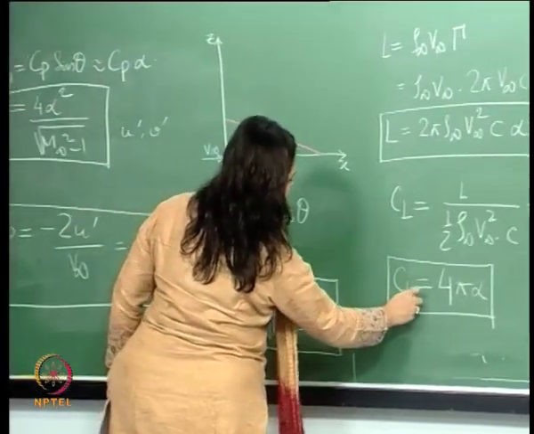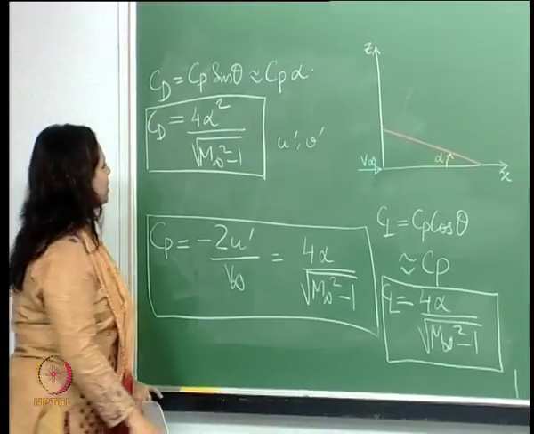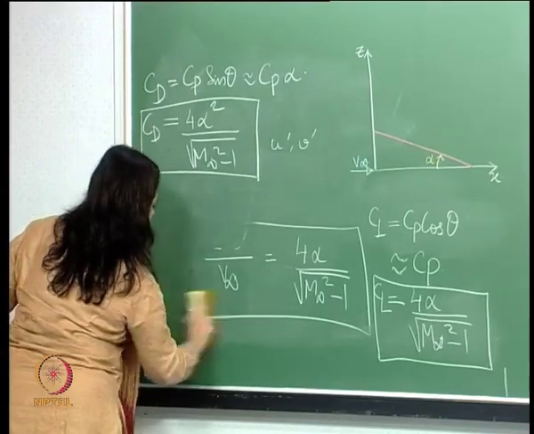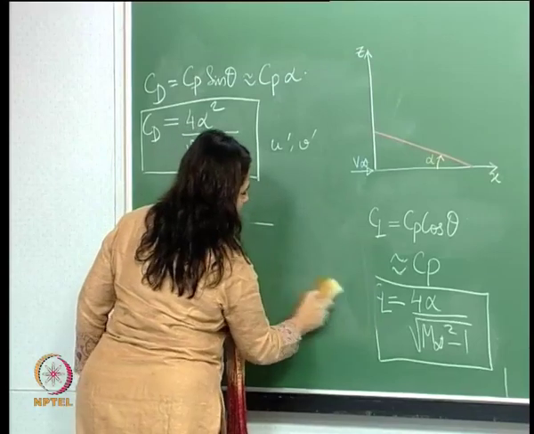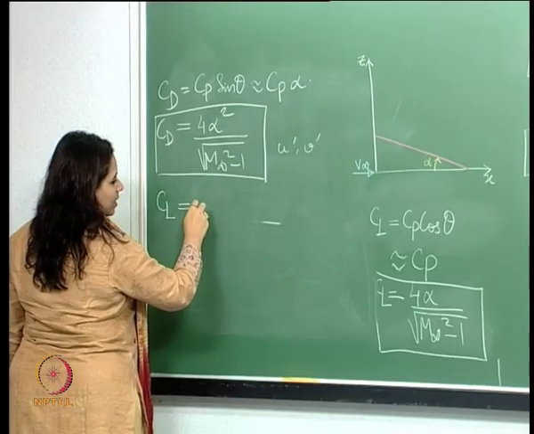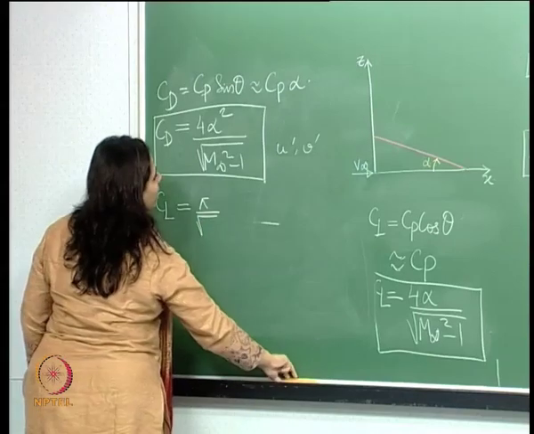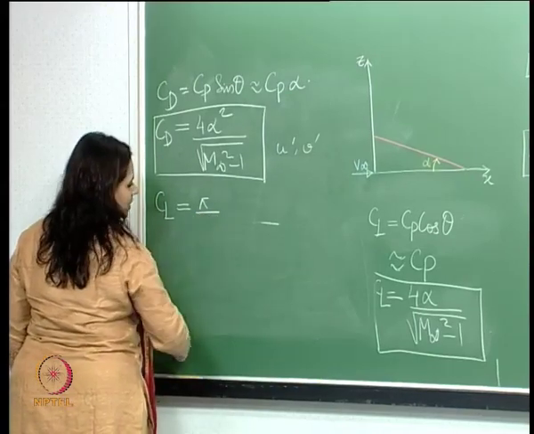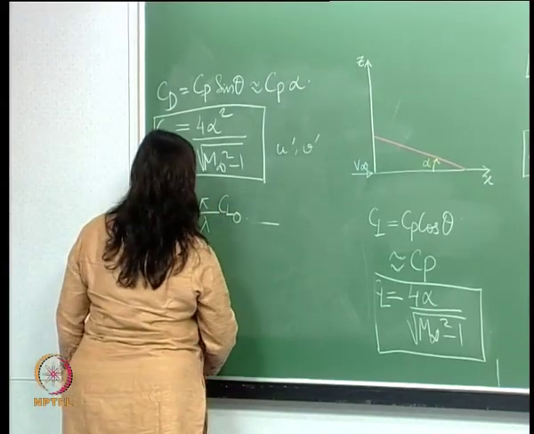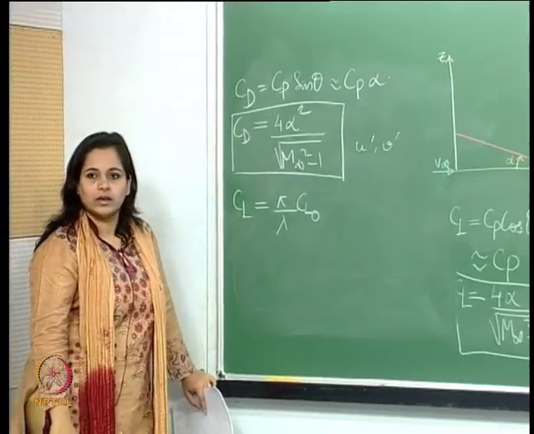I can write this as incompressible. So our CL supersonic is basically pi by lambda, we used a lambda also, right, into CL0. This is the correction we use in this particular case.